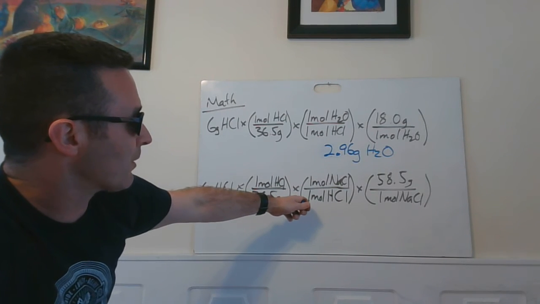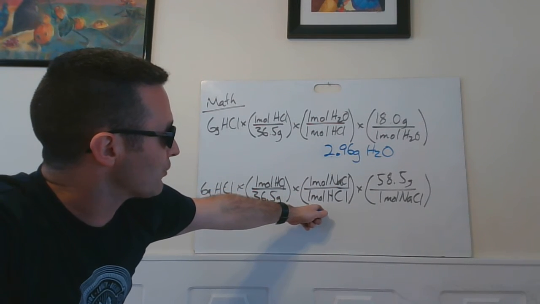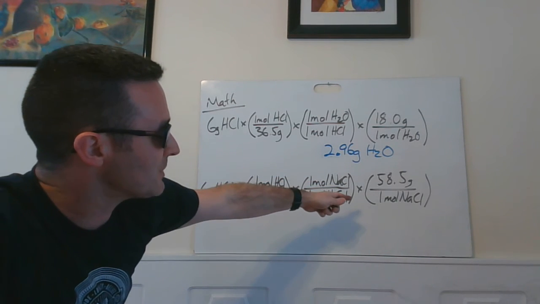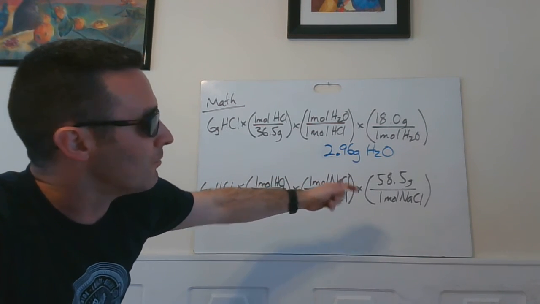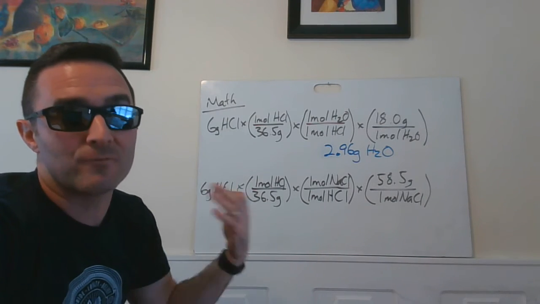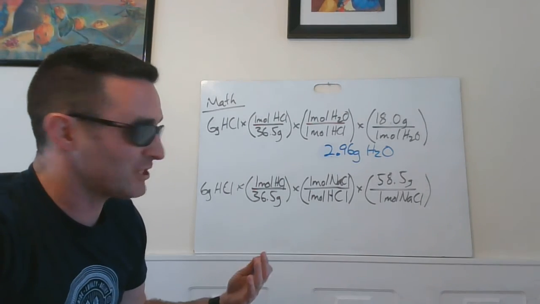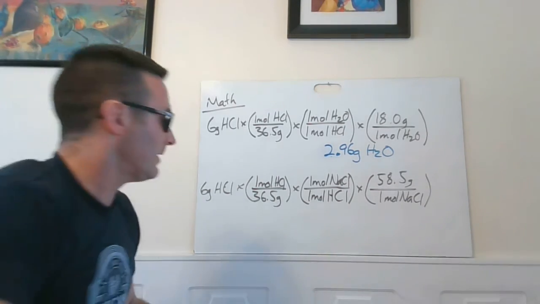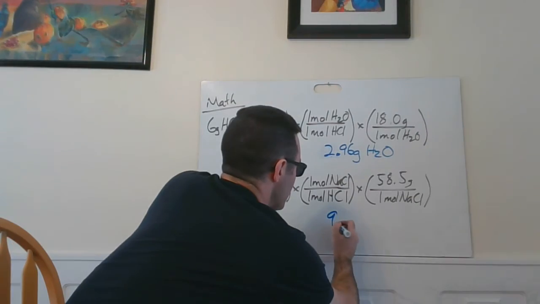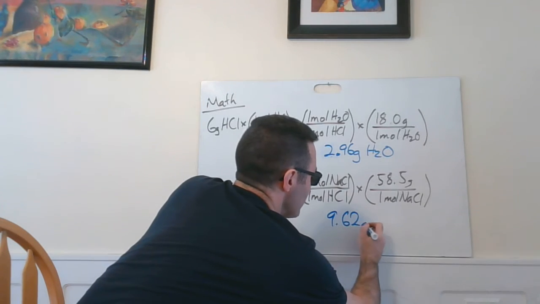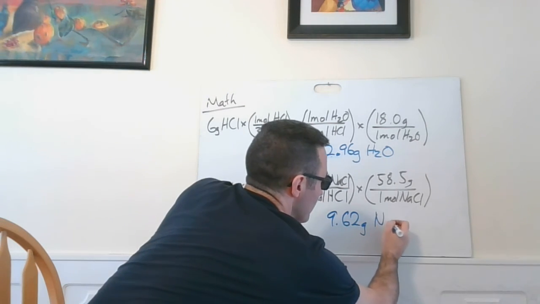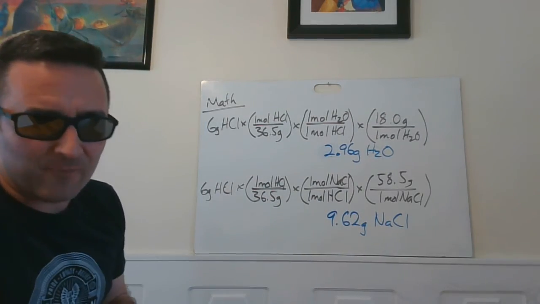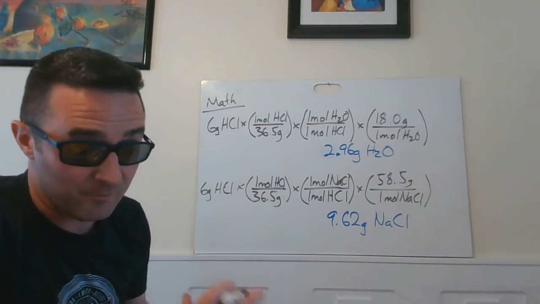Your second step is your comparison: 1 mole of hydrochloric acid is going to turn into 1 mole of sodium chloride. The last step is just your conversion. Sodium chloride is a lot heavier molecule, so that same mole is going to weigh more. No big deal. When you do that, it's 9.62 grams of sodium chloride. Yeah, it's a little bit different than the answer you had from your rice table, but you're close enough. You're in the ballpark.